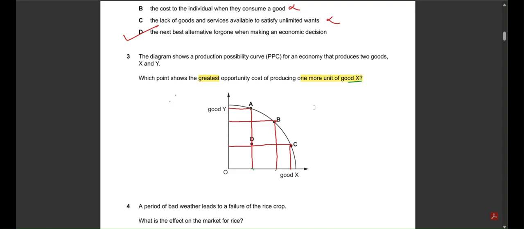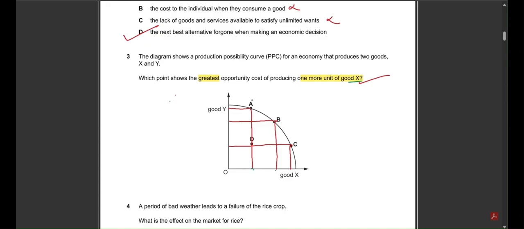They are asking us to measure the greatest opportunity cost of 1 unit of X. For this question, I would recommend just plotting these points over here. I have already drawn one horizontal line as well as one vertical line. This will make it easier to find out the greatest opportunity cost.